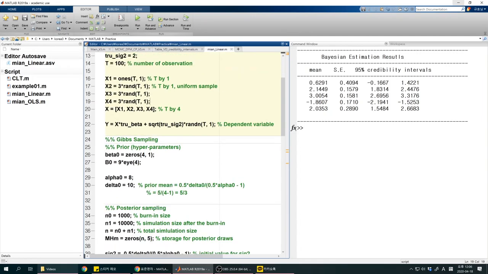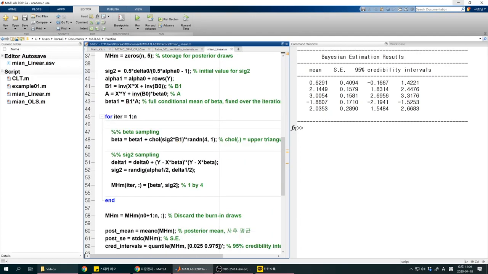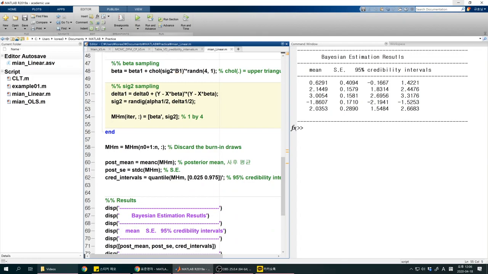I want to report the prior and posterior distribution for beta together. Why? Because I want to show that the results of my data analysis is heavily driven by the data rather than my prior. So the way is just plot the prior and posterior distributions together.